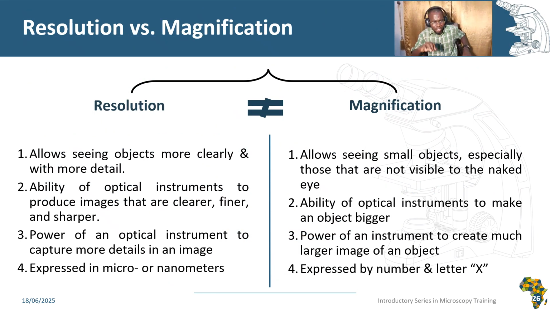Resolution and magnification. Resolution is a microscope's ability to distinguish between two similar looking structures, or, in other words, to distinguish between two closely spaced points as separate, while magnification is the ability of a microscope to enlarge the appearance of a tiny object that is invisible or hard to see with the naked eye.